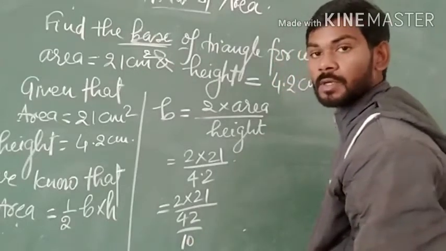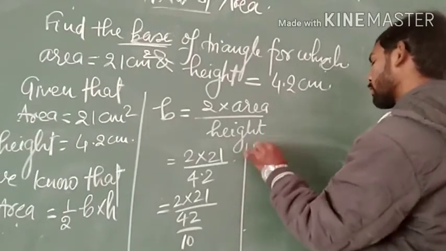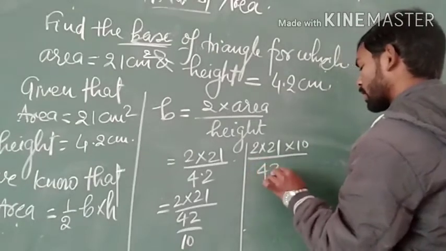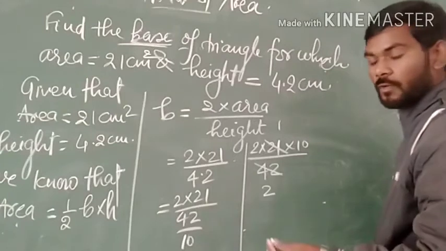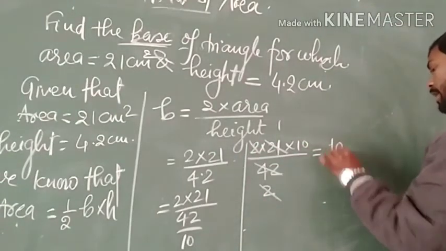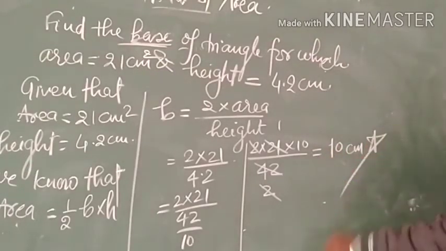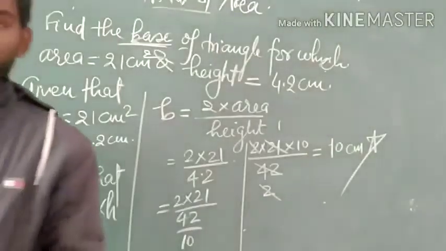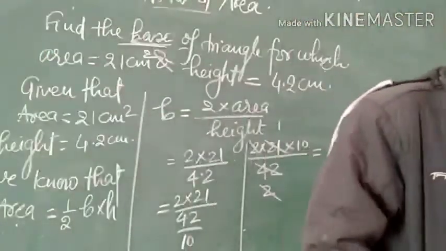I just remove the decimal. Now it can be written as 2 into 21 multiplied by 10 upon 42. 21 1 is 21 and 21 2 is 42. And 2 cancel out, and here we get 10. 10 centimeter is the right answer. Therefore, 10 centimeter will show the base of the triangle.